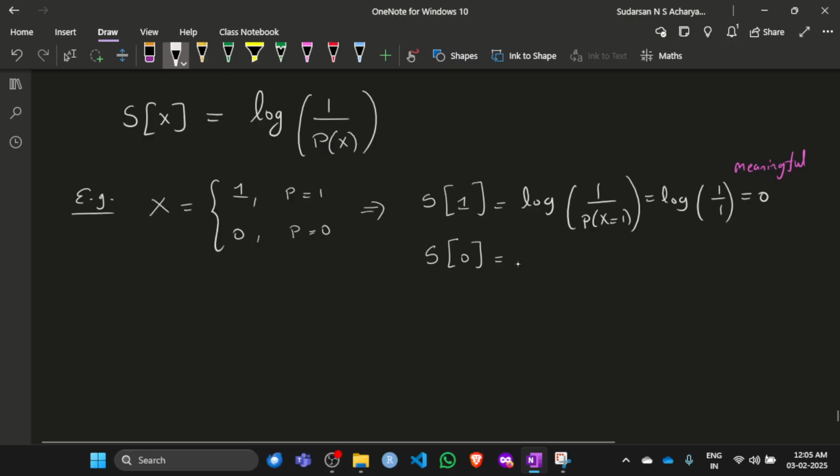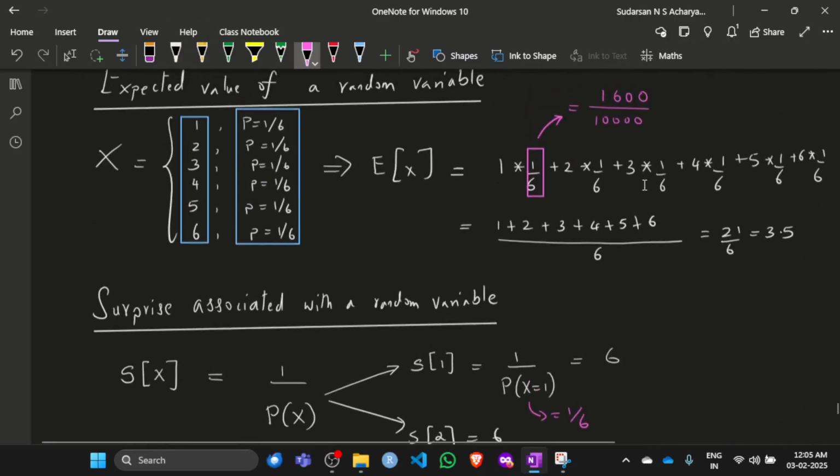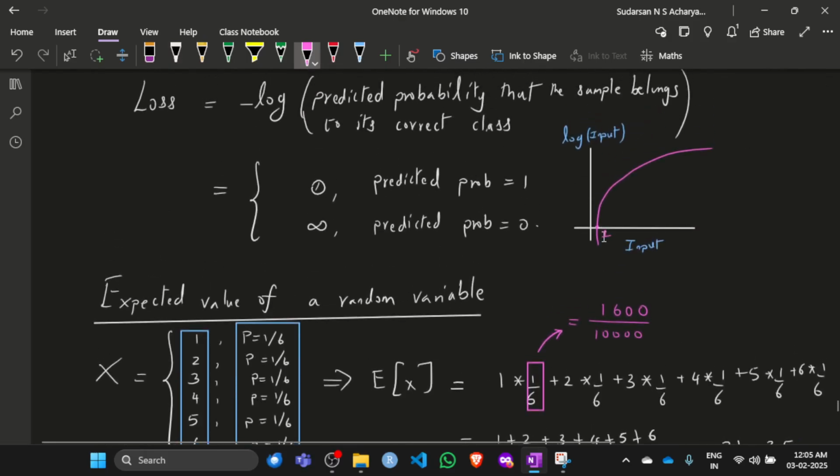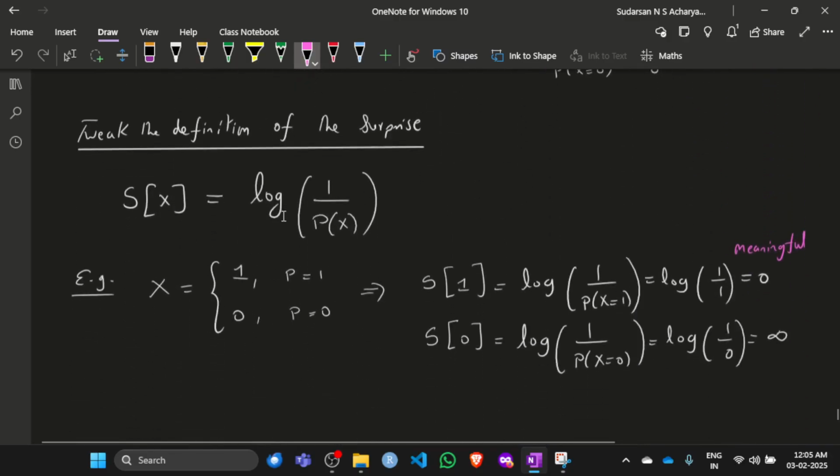It's going to be the log of 1 over the probability that the coin shows up tails, which will be the log of 1 over 0, which is the log of infinity. You can simply think of it as infinity again, right? Because the log is an increasing function, so even though it's slowly increasing, as the input becomes infinite, you can think of log of infinity as infinity, which means you have a big surprise, right? So this is also meaningful.